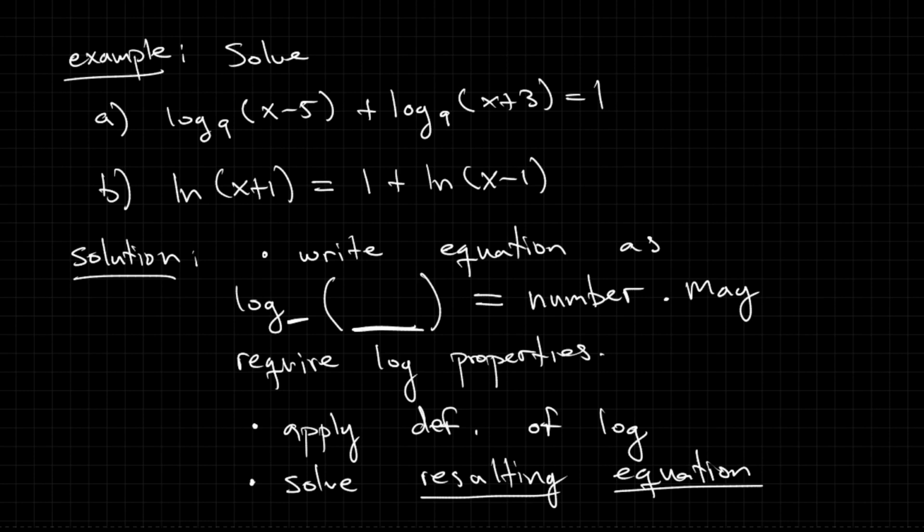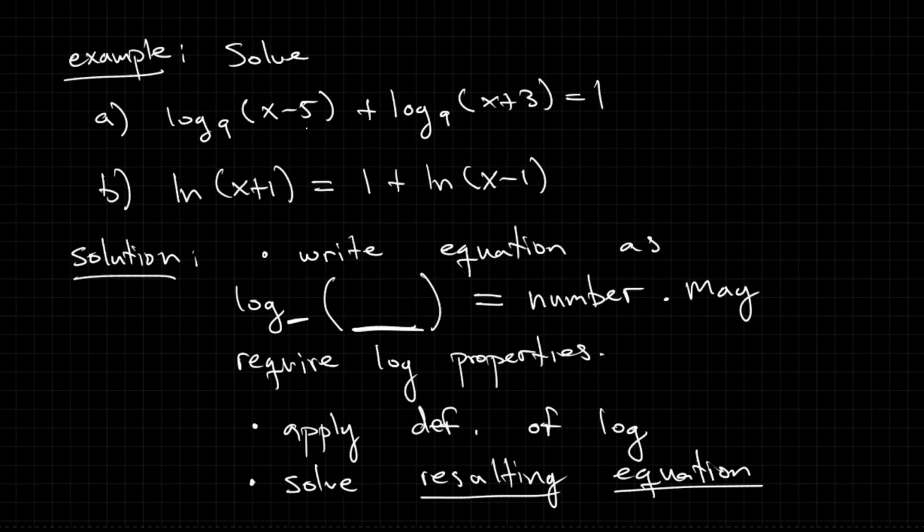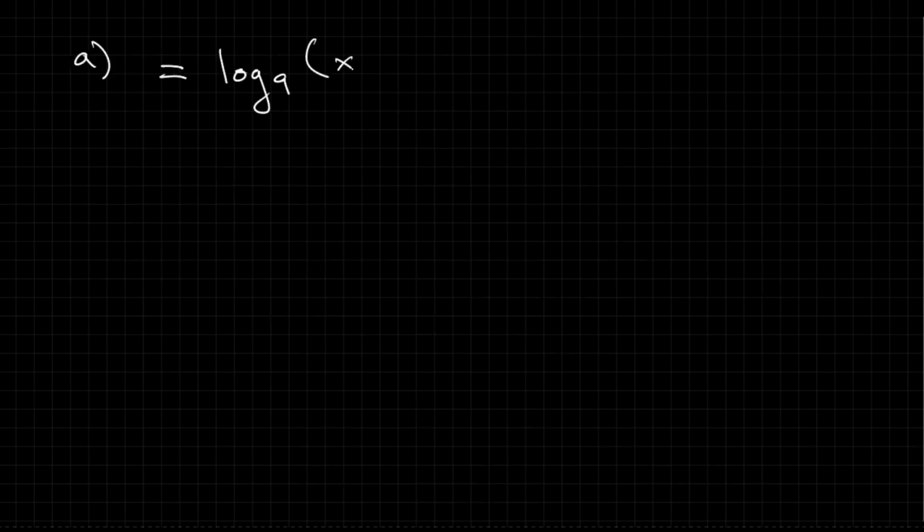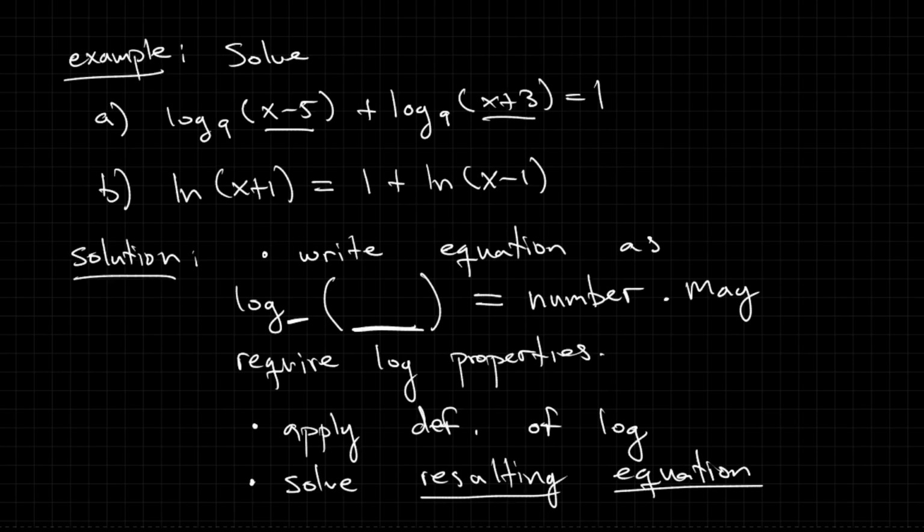So going to another page here, in part A, this is going to be equal to log base 9 of the multiplication of these two terms here, which is x minus 5 times x plus 3. And that's going to be equal to, well, let's see, 1.